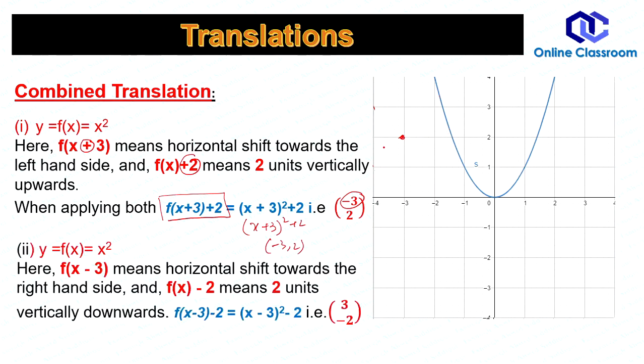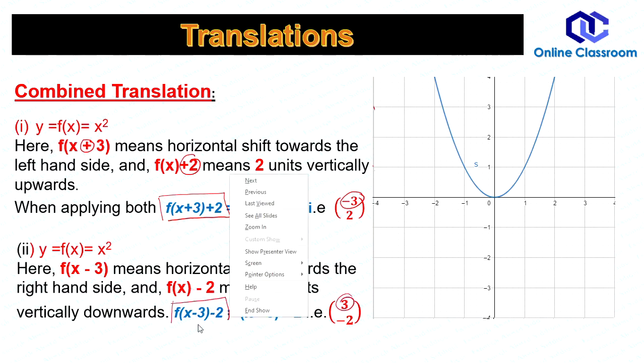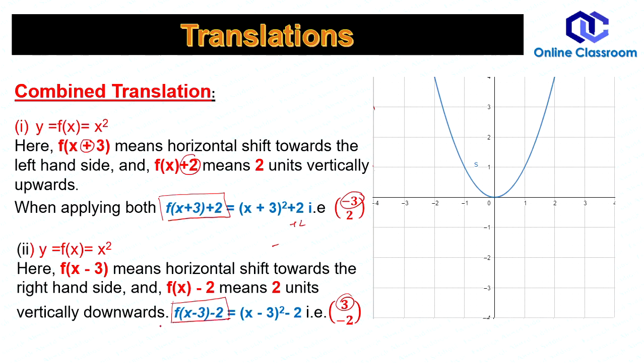Now another example, if the original function is x square, but now I have the translation x minus 3 horizontally. You see here the positive value, and then minus 2 vertically downward, and you can write it as a combined transformation in this form. You should learn this language also, because in examination this can be asked: write the new function.